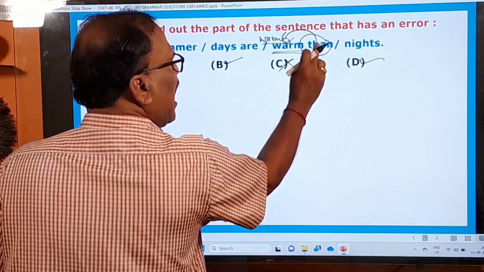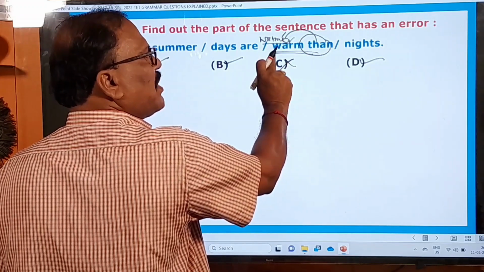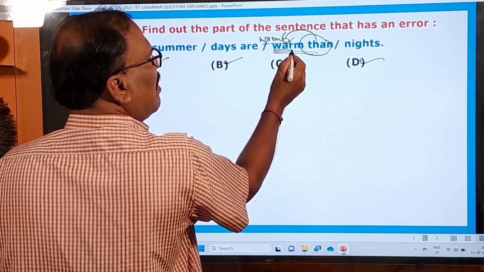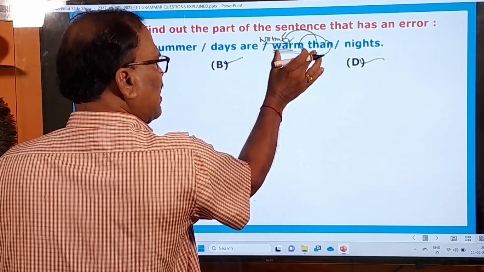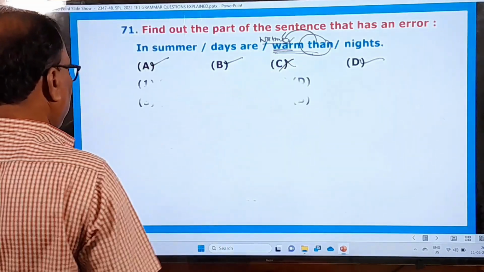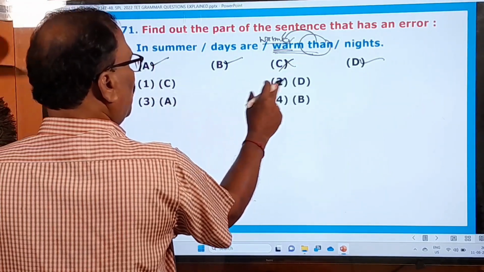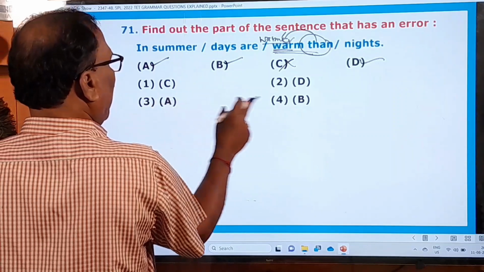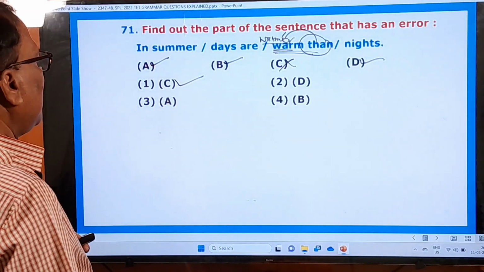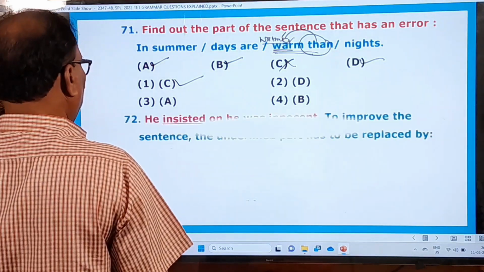Because than means there must be a comparative adjective before that. A positive adjective is used here, and that's why this part has a grammatical error. Now options: 1C, 2D, 3A, 4B. 1C is the right one. Go to the next one.